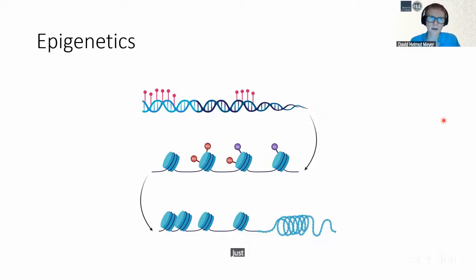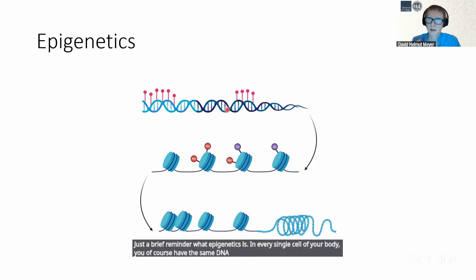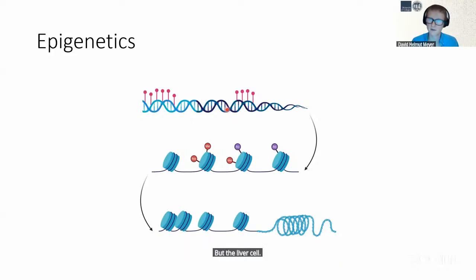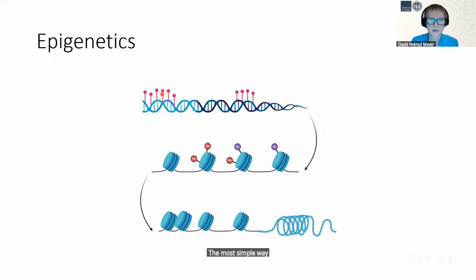Just a brief reminder what epigenetics is. In every single cell of your body, you of course have the same DNA, but a liver cell, a neuron cell, a muscle cell all have different functions. And this difference is of course regulated in some way, and this regulation is happening with epigenetics. The most simple way, and also what I will discuss later, is DNA methylation.